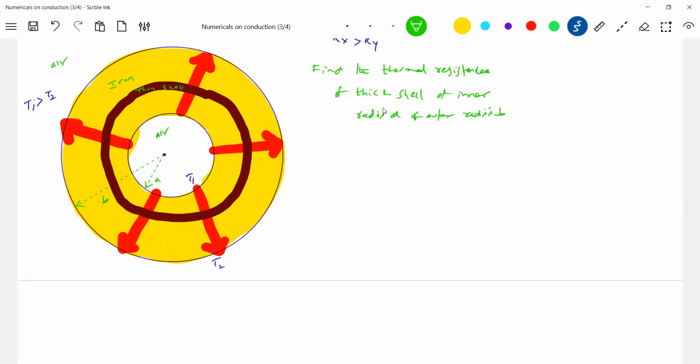So the inner surface T1 is at higher temperature than the outer surface. The heat current will flow in this direction. What is first? The thin shell. So resistance of thin shell.